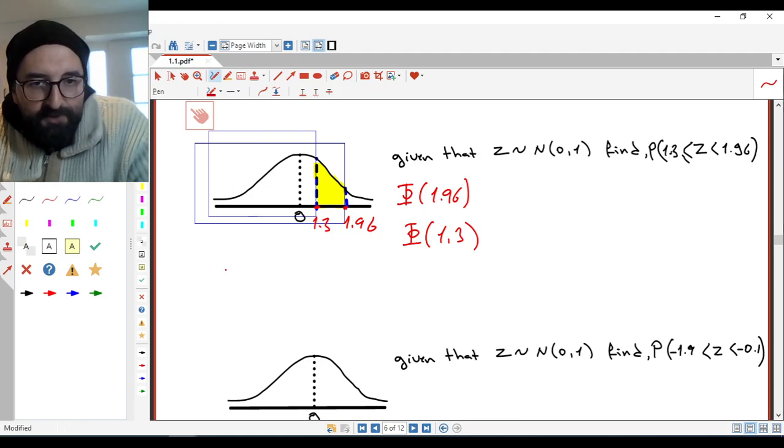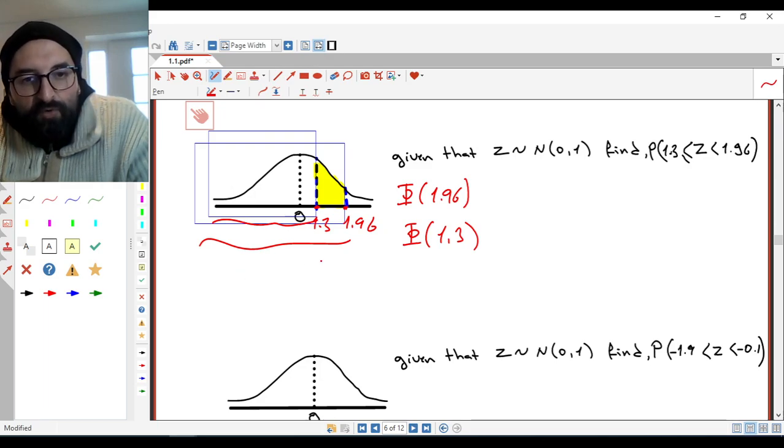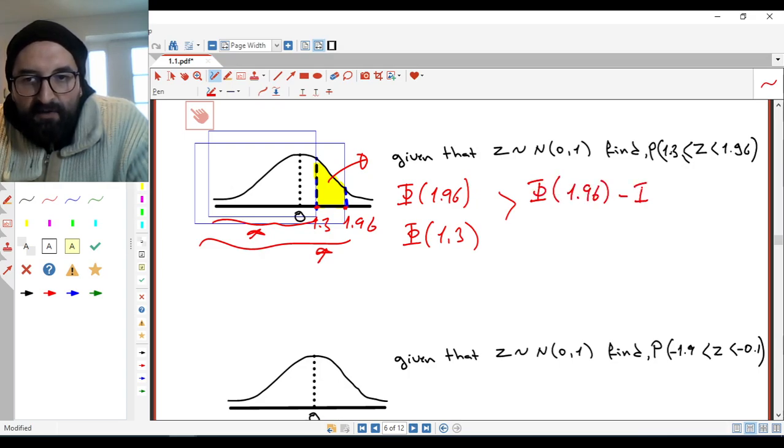If you make subtraction between this area and this area, you can find the yellow area. So we have to find phi 1.96 minus phi 1.3.